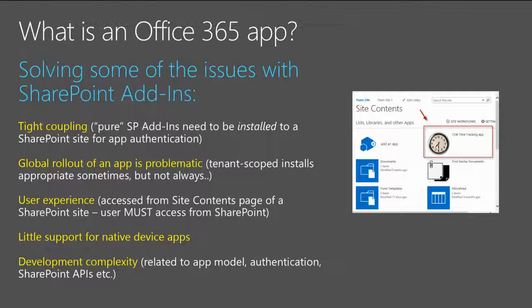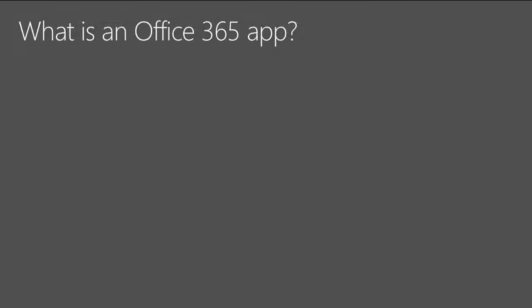So Office 365 APIs are trying to make app development simpler for the common things that you might need to do with SharePoint and Office 365. It's a simpler API service and simpler authentication and so on. The kind of things that we can really do: basically build an app that is standalone, doesn't need to be installed to a SharePoint site.